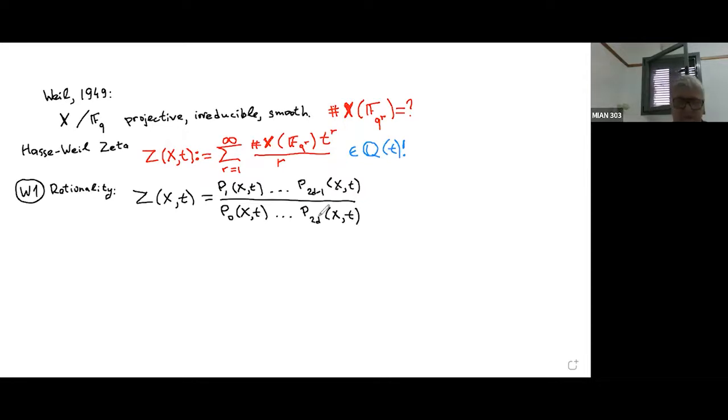All these polynomials turn out to have an enigmatic but somewhat clear geometric meaning.